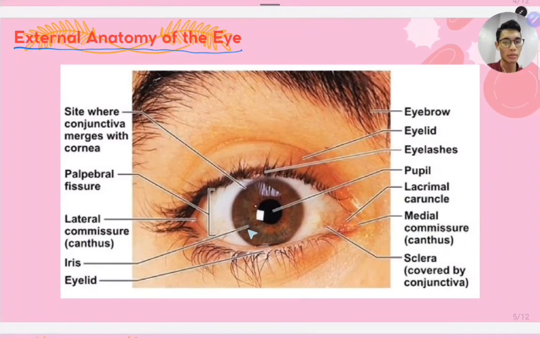Then we have the iris, which is responsible for giving our eyes their color. The pupil is this dark spot, the black spot here. And then there is the lacrimal caruncle, this little hole here where our tears come out. The very edge near the nose is known as the medial commissure, and the edge near the ears is known as the lateral commissure. And then there is the lower eyelid here.